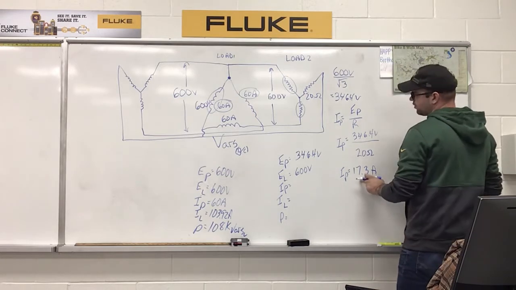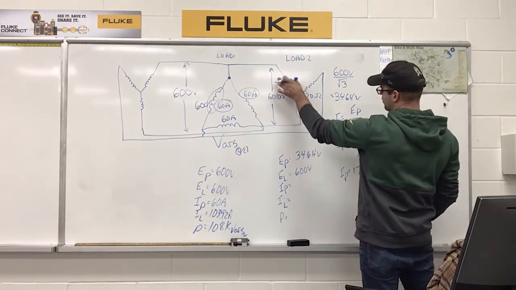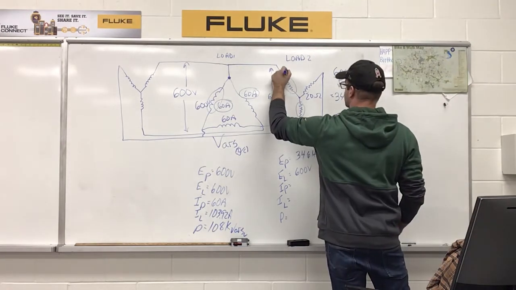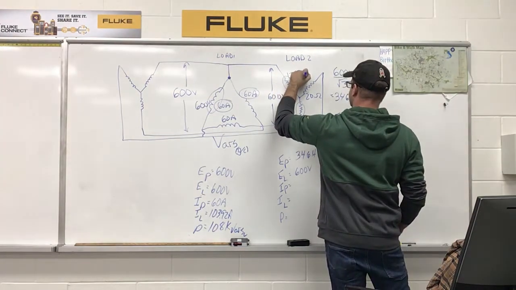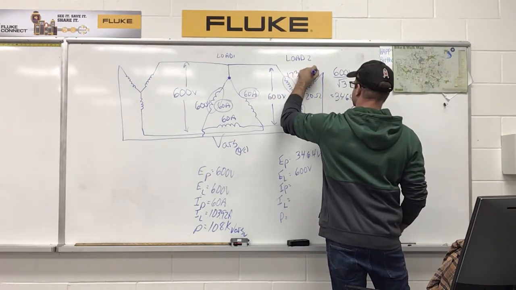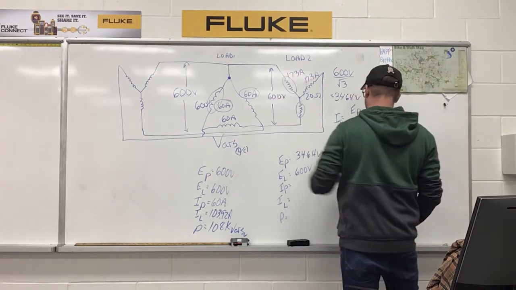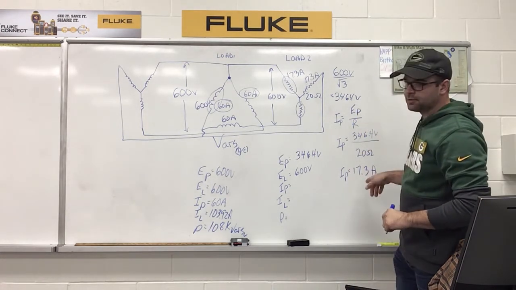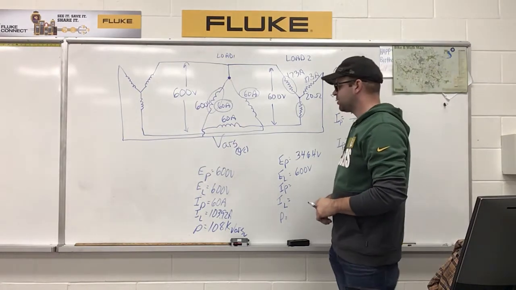So that 17.3 is going to be at phase number 1, 2, and 3. So I'm going to write just 17.3 amps here and 17.3 amps here. Because I only stuck with 1 decimal, I'm just going to keep 1 decimal when I come to my currents at this point.